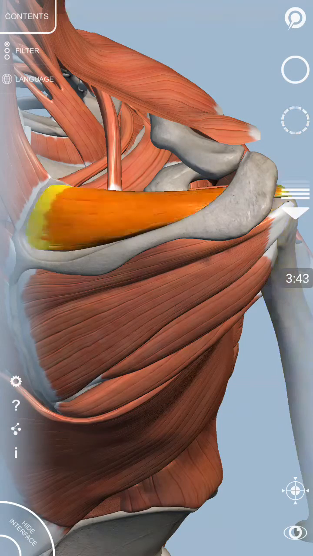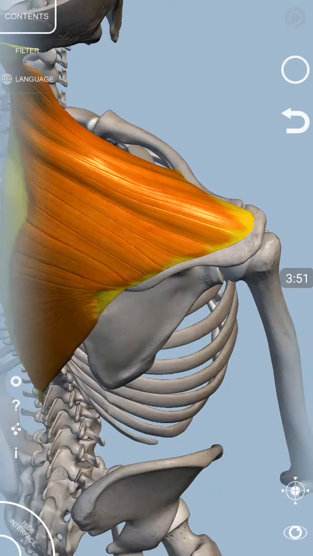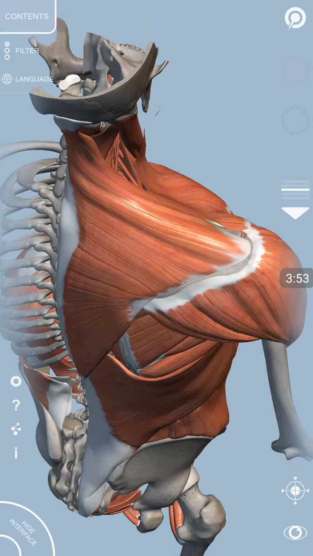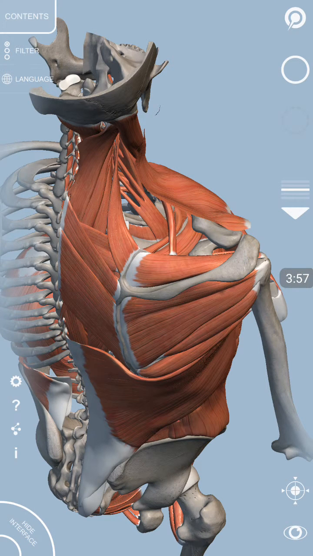So when supraspinatus contracts, its origin will pull the insertion toward itself. As a result, what's going to happen? As a result, abduction will take place. First 15-degree abduction. So supraspinatus is the initiator of the abduction.